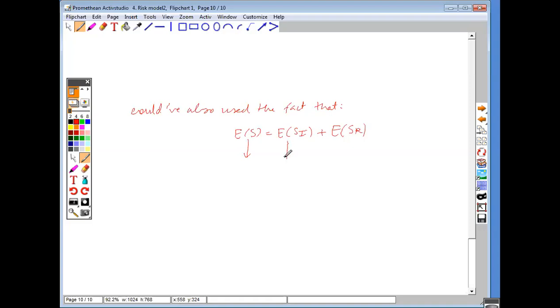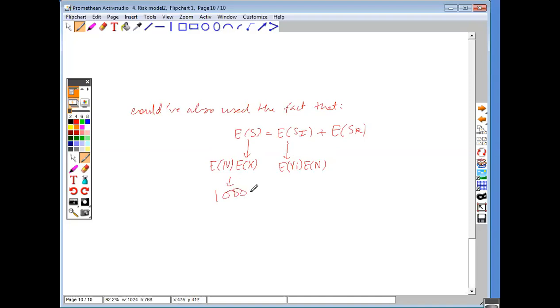So you know expectation of S and you know expectation of SI. This was just going to be expectation of N times expectation of X, which you figured out, and you could have just subtracted this from this and easily gotten the answer for expectation of SR. So what was this?